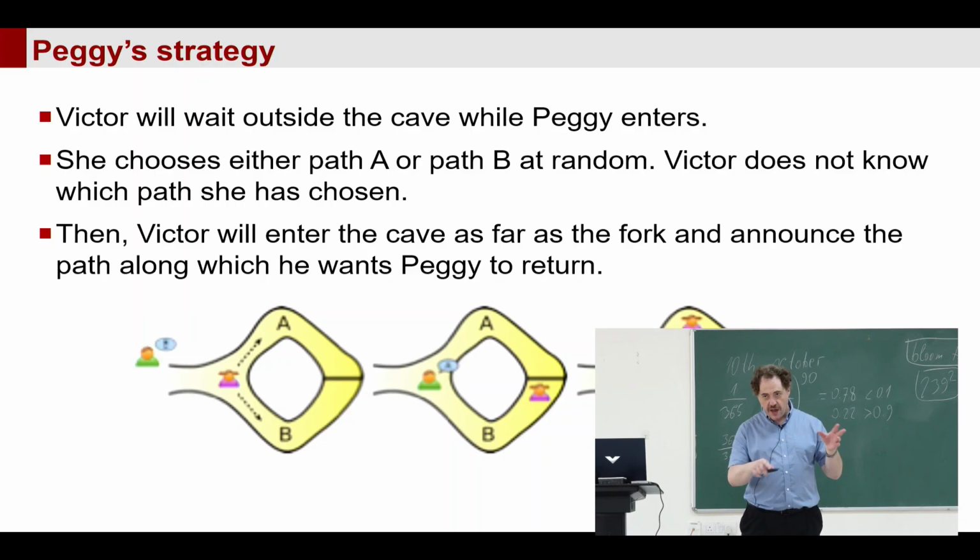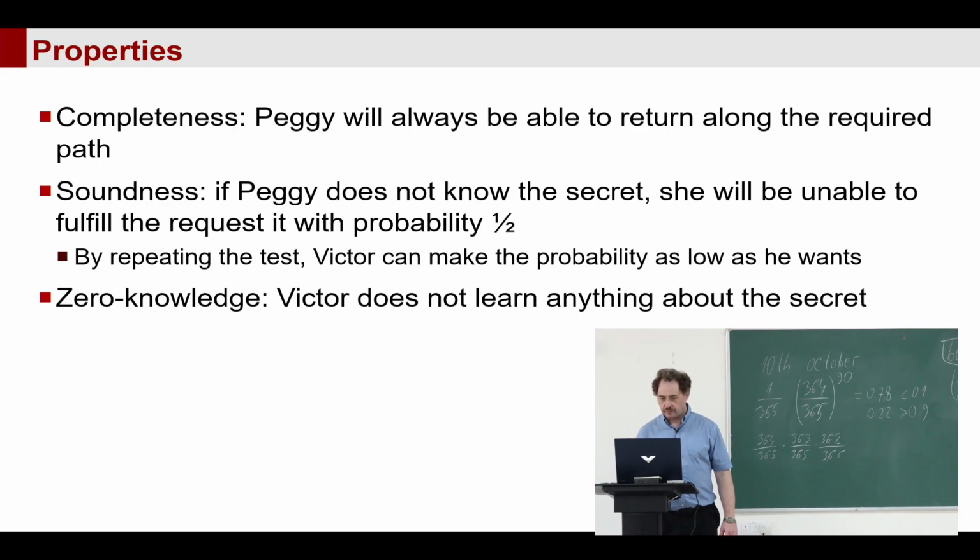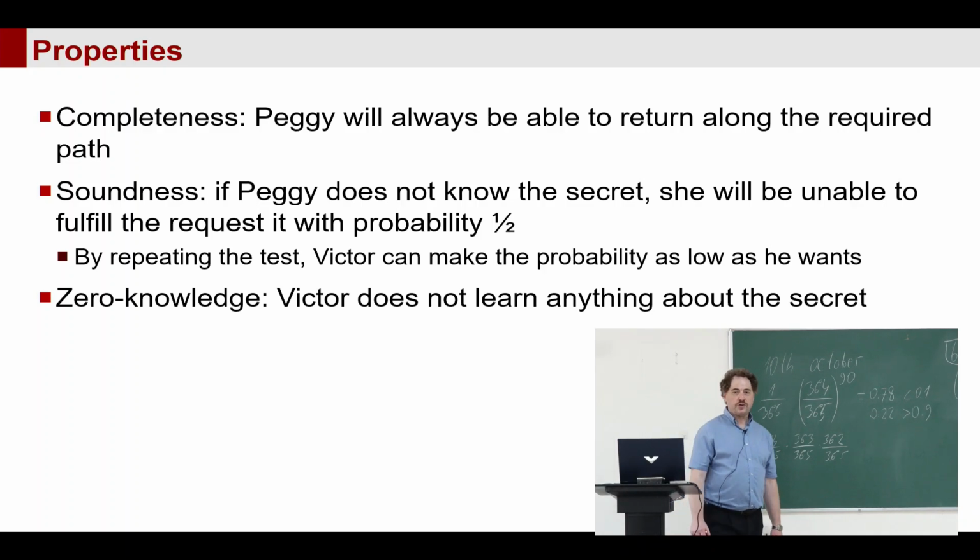Then 1/8, 1/16, so it's exponential, right? And we can get it as small as we want. We are not demanding that it will be 0, but we can get it as small as we want. Zero knowledge. Victor doesn't learn the secret word.